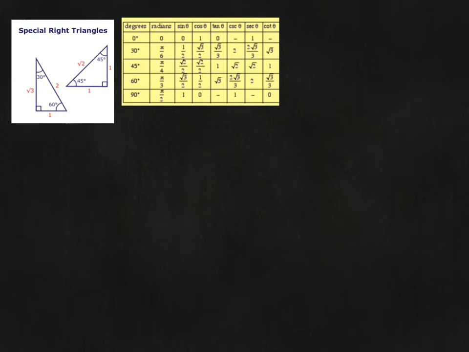Okay, so a lot of teachers in schools, what they'll do to help students memorize and learn the values of the special angles is they have you create the special right triangles. And if you notice in the first triangle that has the angles 30 and 60 degrees, they would ask you to use the concepts that you've learned in grade 10 using SOHCAHTOA, the ratios for solving right angle triangles, and solve the exact values of those angles.